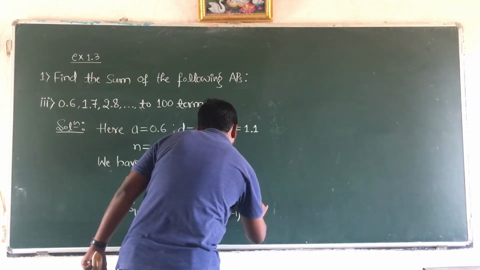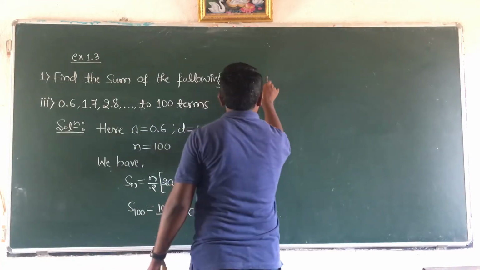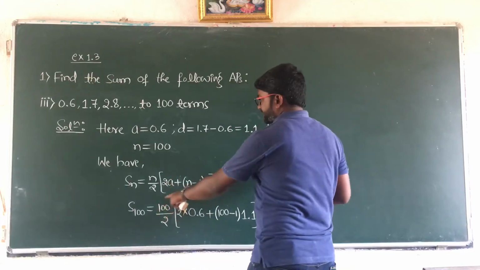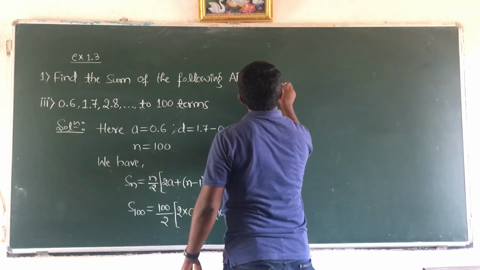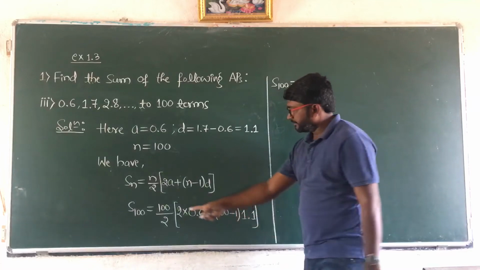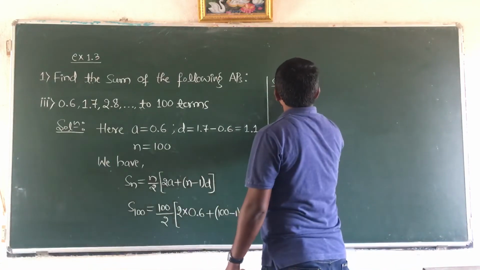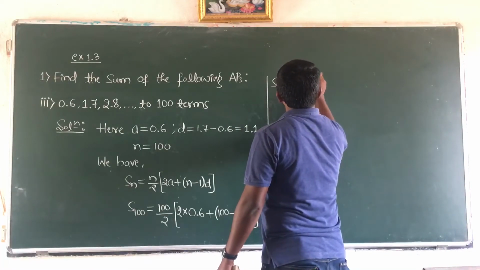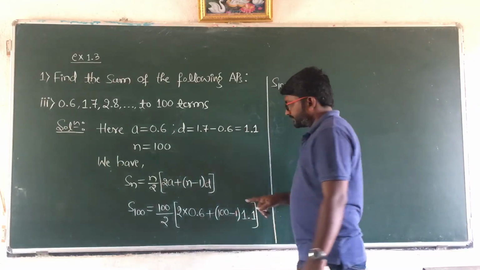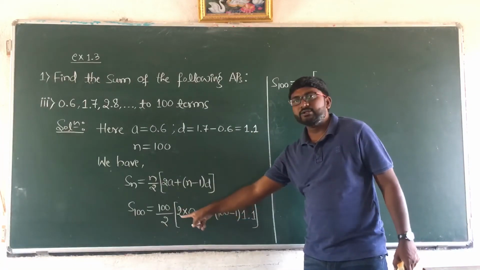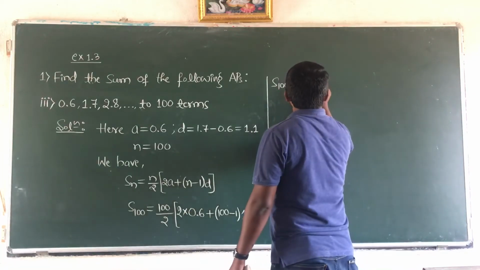So now let us go for the next step. See here, S100 is equal to 100 by 2, which is 50. Then inside the bracket, 0.6 into 2 will give us 1.2.